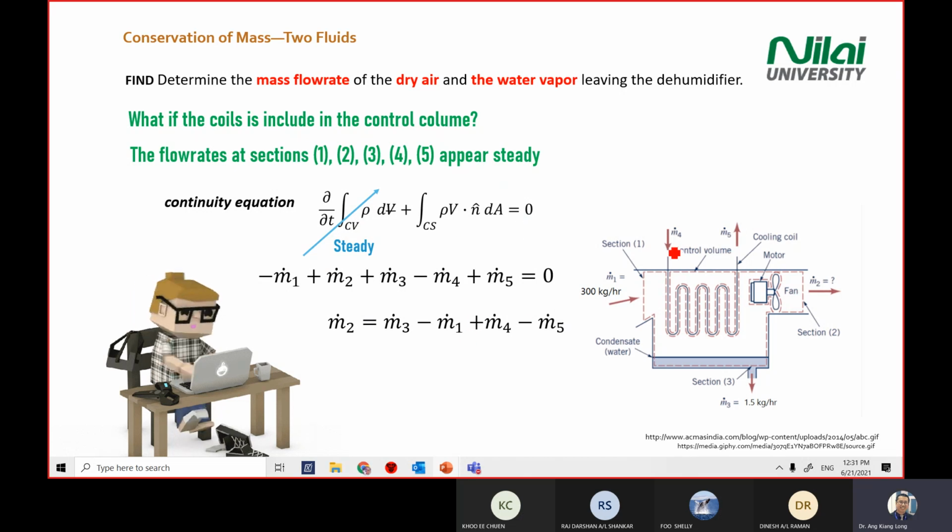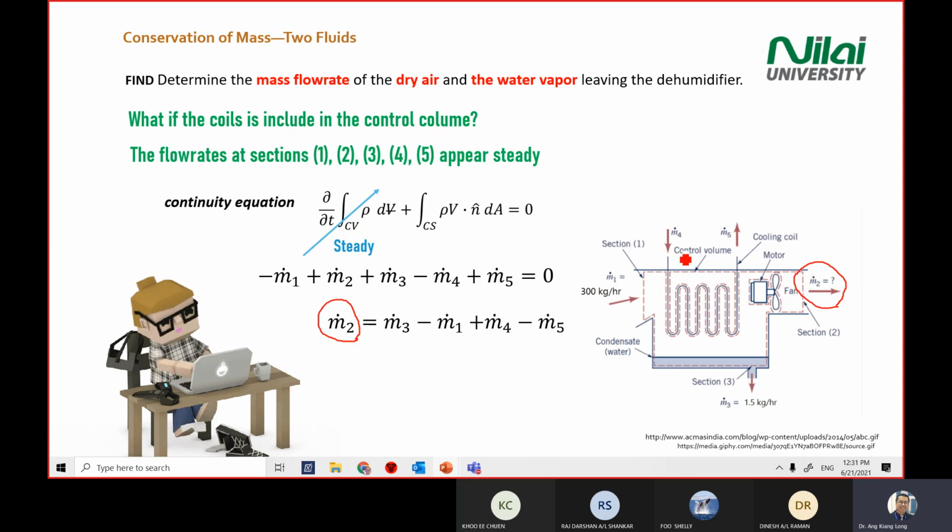Then you look at M2 again, which is here. M4 and M5 are missing in the question. In this case, we include 4 and 5 here, so you have M4 minus M5.